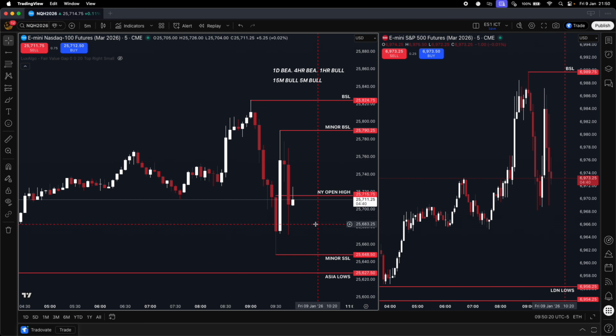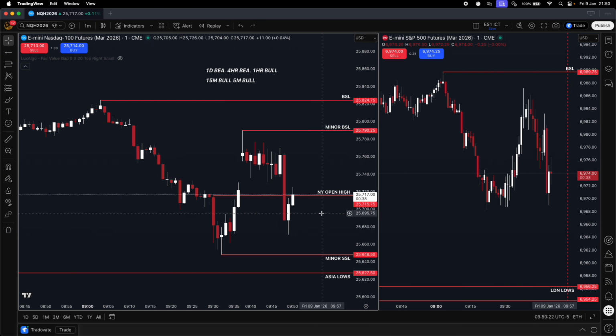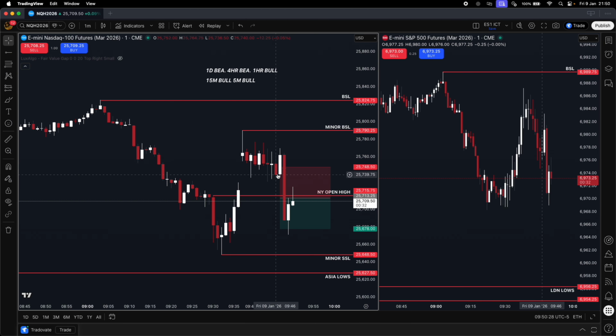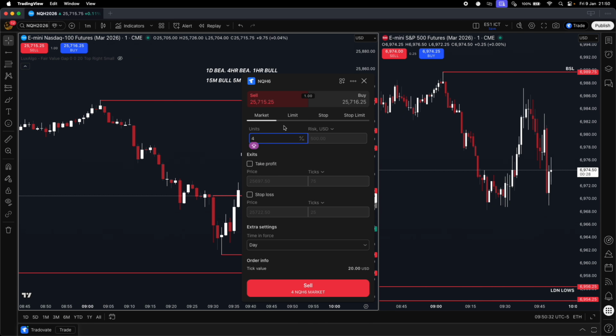Okay, the 5 just got inversed, so that's a bearish bias. So that is a valid short.